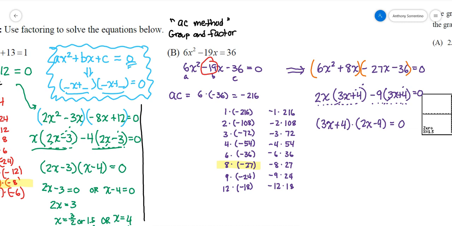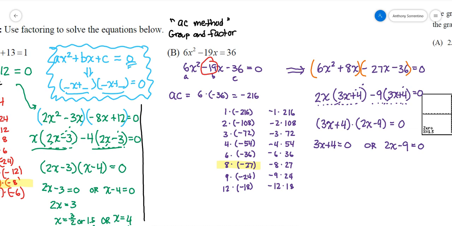Being written as a product now, I can go back and use the zero product property since it's set equal to 0. Based off of that, I can say 3x plus 4 would have to equal 0, or 2x minus 9 would have to equal 0.